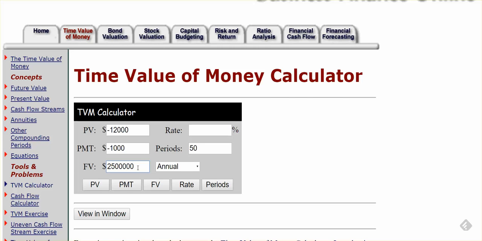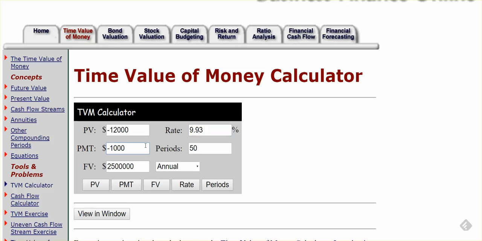So that would be money that she could then take. So I'll make that a positive inflow. But notice the two values that are leaving her hands, I'm making those both negative. And so now I can just press rate. So if she could earn about 10%, she could have $2.5 million.